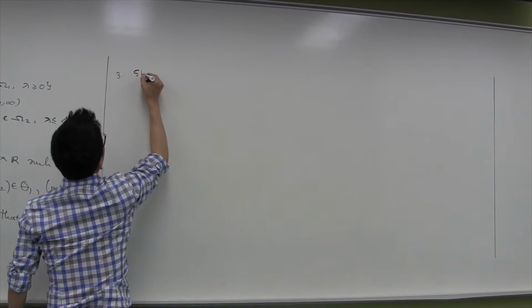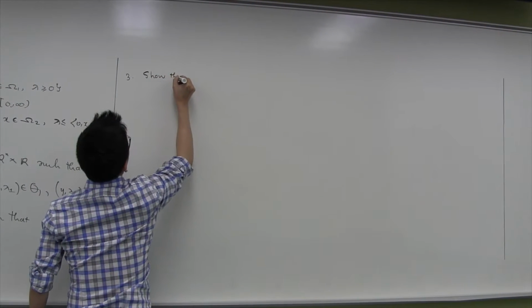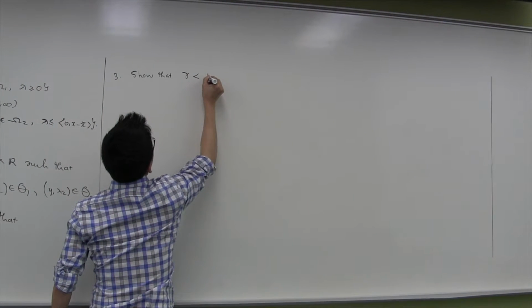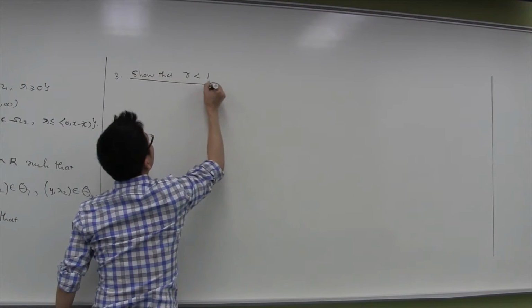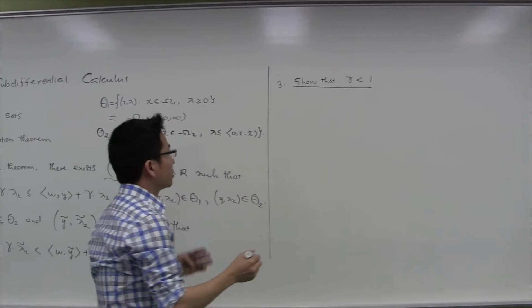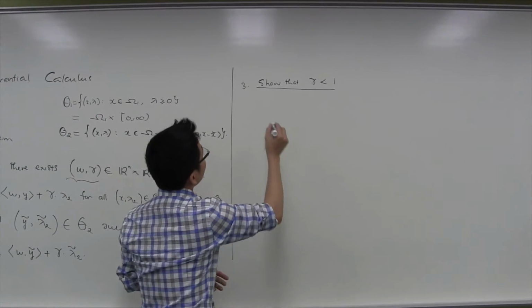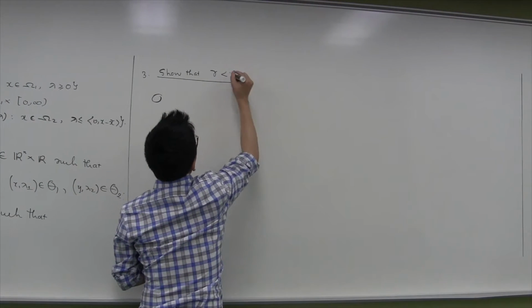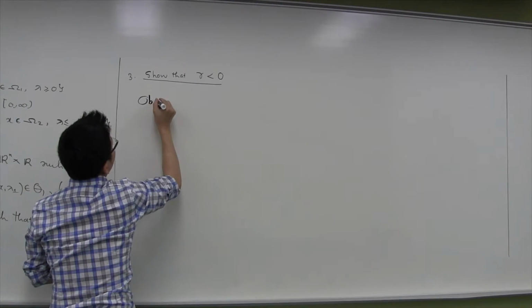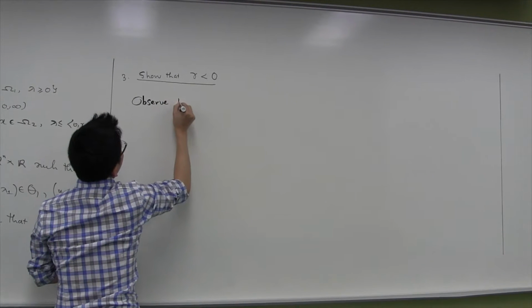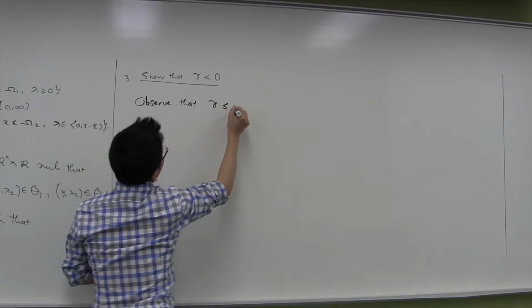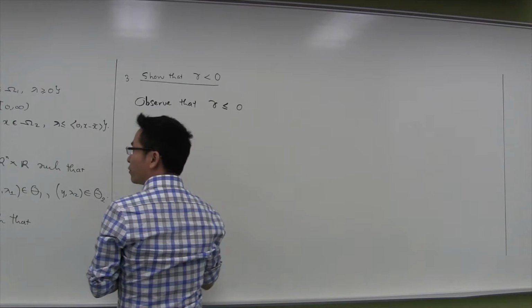At first, observe that gamma is less than or equal to 0 because of the following reason.